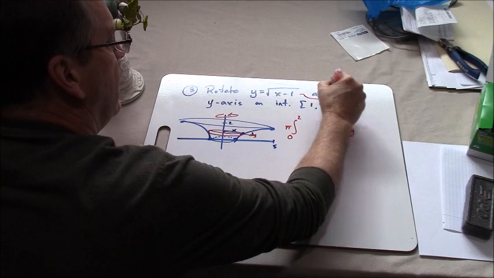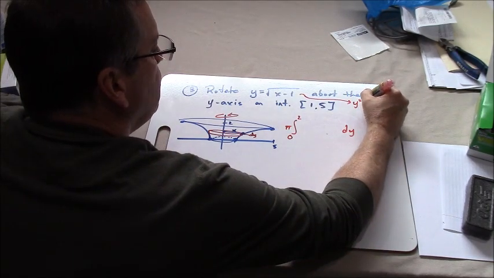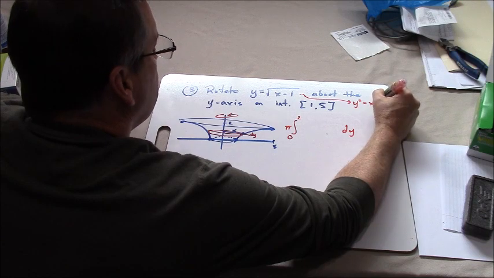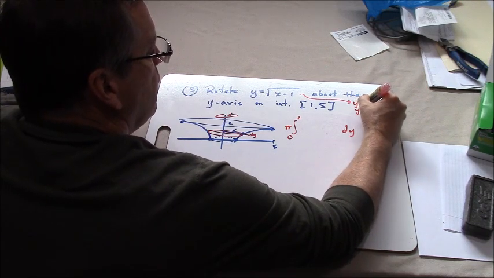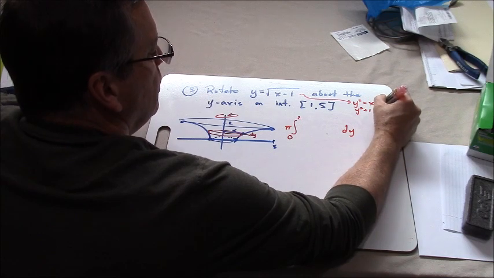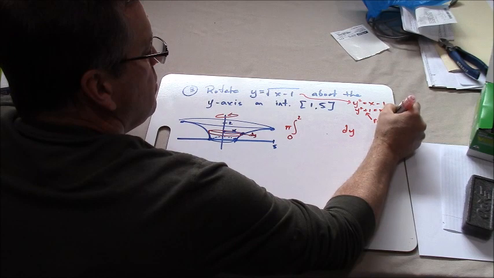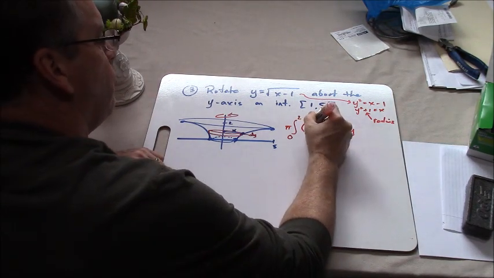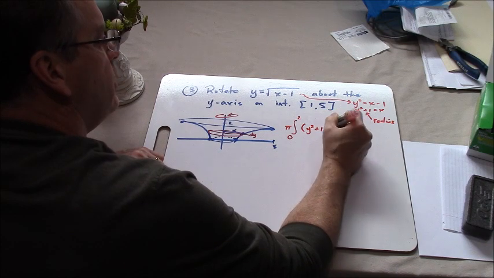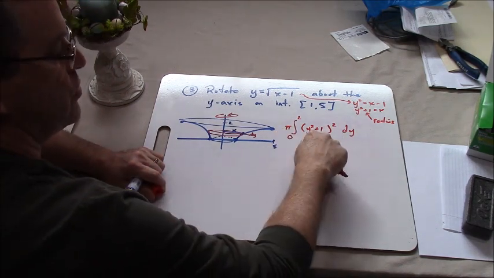So if I square both sides, I get y squared equals x minus 1. I'll then move the 1 to the other side and I get y squared plus 1 equals x. There's our radius. So I want y squared plus 1 squared. Remember, it's pi r squared.